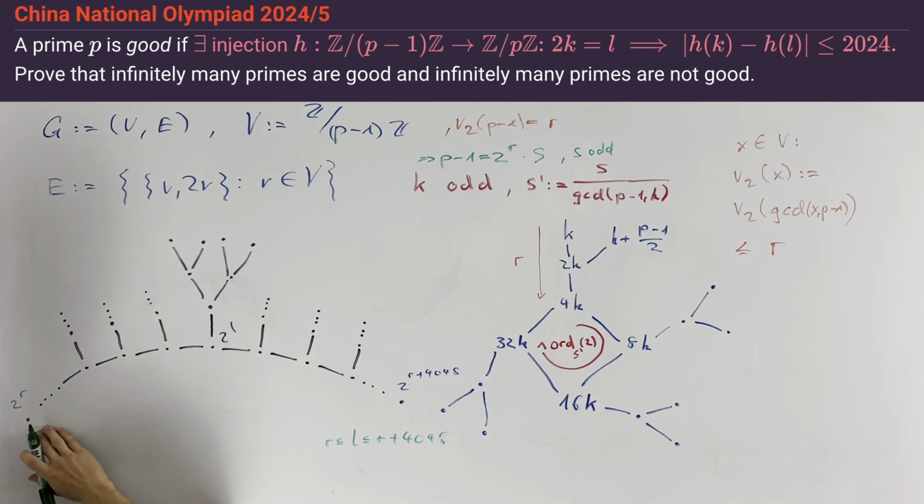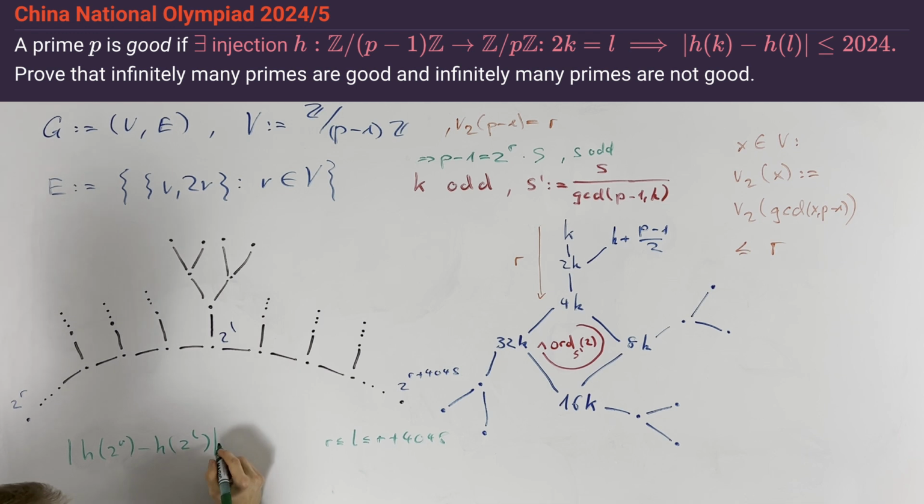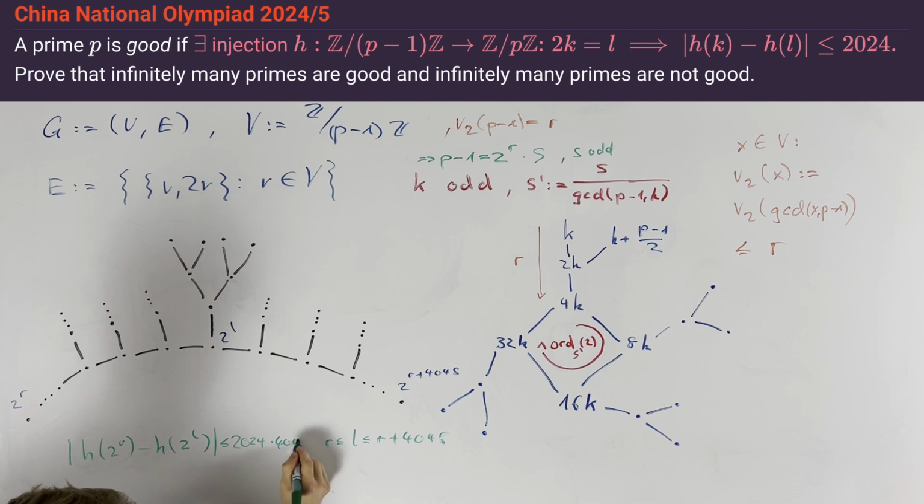Since the h value changes by at most 2024 in each step from 2 to the r to 2 to the l, we know that their difference, so h of 2 to the r minus h of 2 to the l, in absolute value is less than or equal to 2024 times 4048.